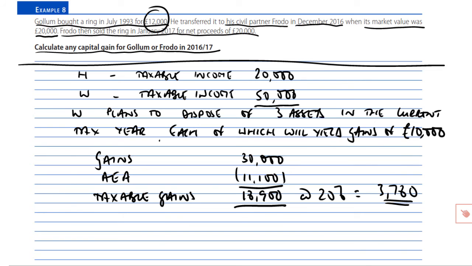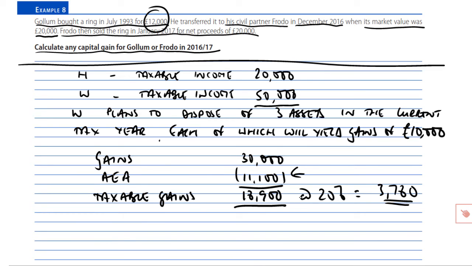Right. How many of those assets out of the 3 do you think she should transfer to her husband prior to the husband selling to the outside world? I'd hope you'd realise that she would at least want to keep one of those assets to use her AEA.